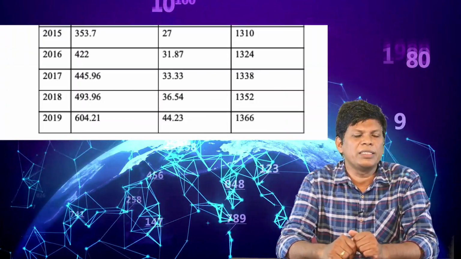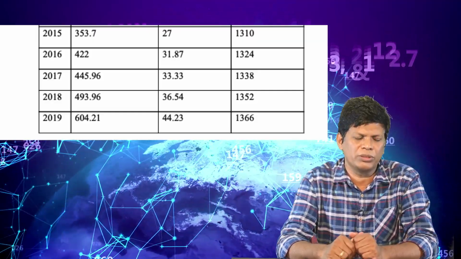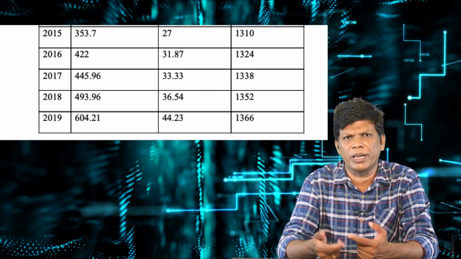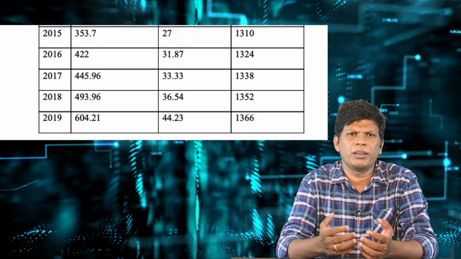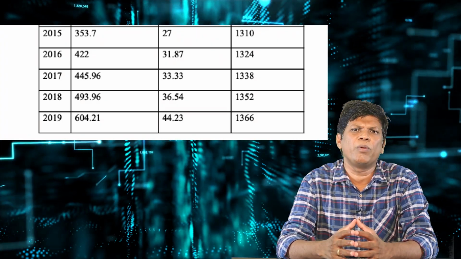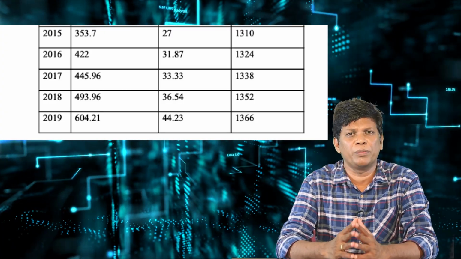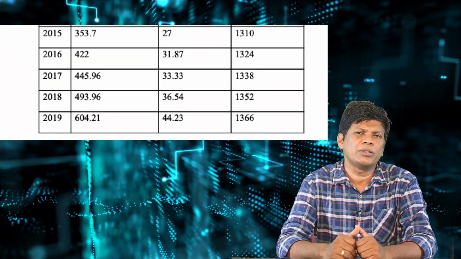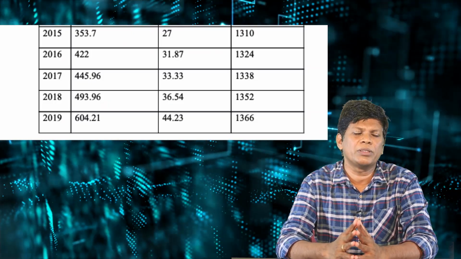And in 2019, we got to 44%, almost 2.5 times multiplication of internet users, nearly 604 million internet users by 2019, 44% penetration. In this year, 2020, it's nearly 680 million users and 51%.